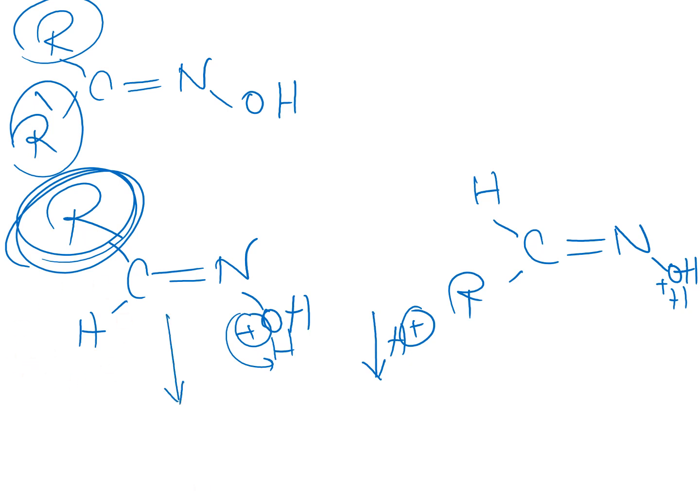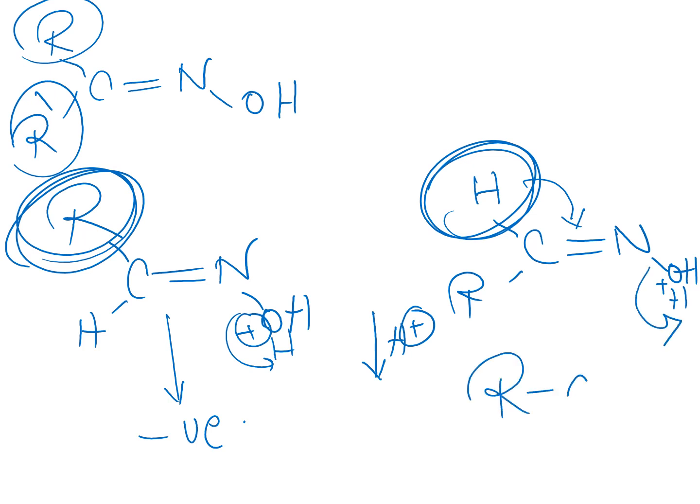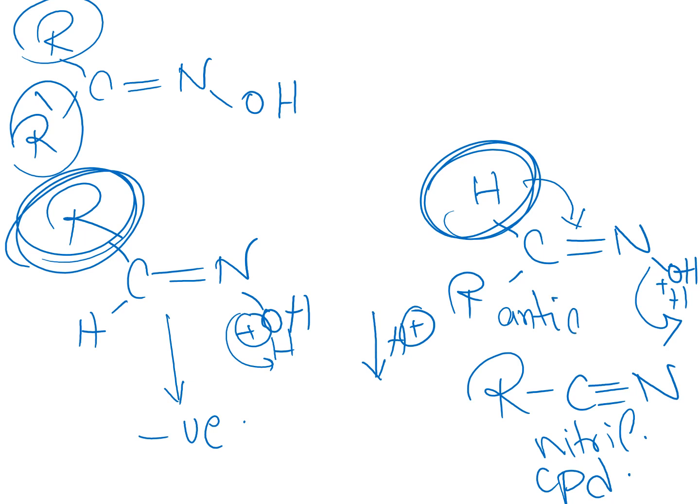So this reaction will not proceed and it will give a negative reaction. However, if you have the H in the anti position, the reaction will proceed, giving the nitrile compounds or the cyano compounds. So only the anti-aldoximes will react by this modified Beckmann rearrangement, giving the cyano compounds. However, the syn compounds have the H in a syn position to the OH, and accordingly it cannot migrate, it cannot react, and accordingly this will give a negative reaction.